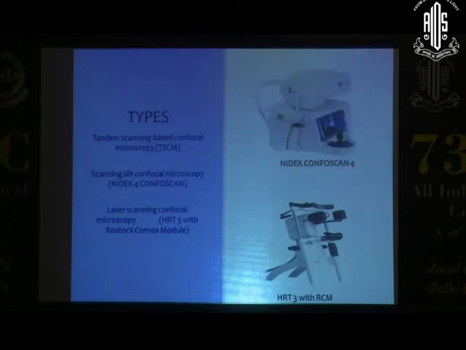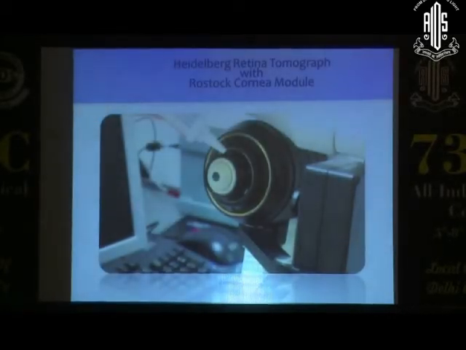The commonly used ones are the tandem scanning based confocal microscope, the scanning slit, which is the Nidek, and the laser scanning confocal microscopy, which is the Heidelberg retina tomogram with an added cornea module. So it was originally used to image the optic nerve head in glaucoma, and then by adding a modified lens system, we are now able to image the cornea beautifully. And this is the machine that we use, and essentially you put a drop of gentle gel, you have a disposable tomo cap that is used to abut the cornea.